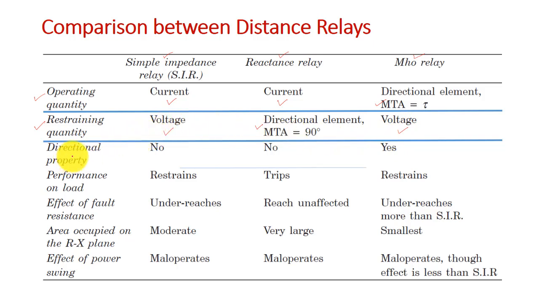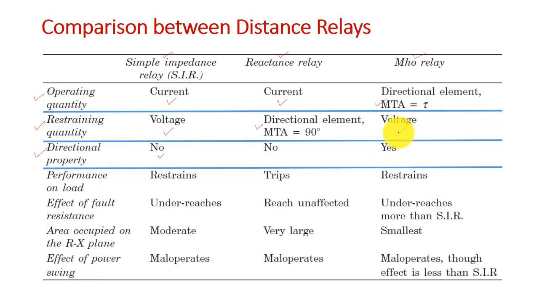Similarly, if we see the directional property, the simple impedance relay has no directional property at all, right? Because we have already seen it covers the 4 quadrants. In the reactance relay also, it has no directional property because it operates in both directions, forward and reverse, and it also occupies a very huge area, right?